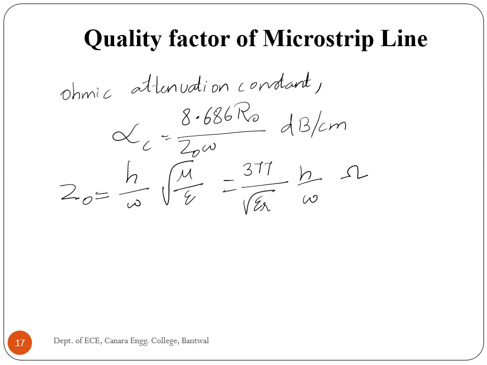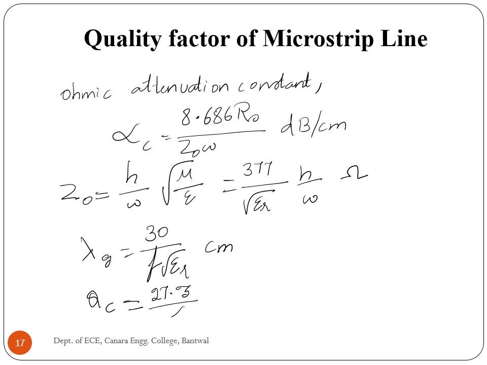the wavelength in the microstrip line. Since Qc is related to the conductor attenuation constant, Qc is equal to 27.3 divided by alpha c.